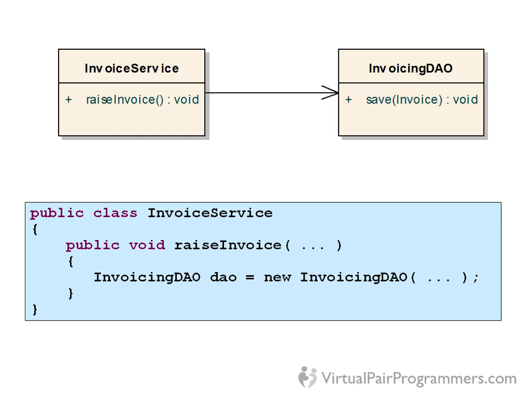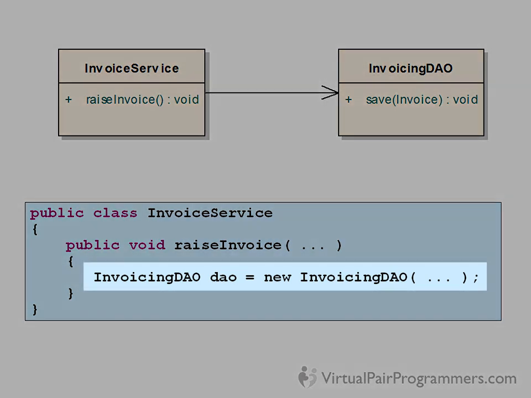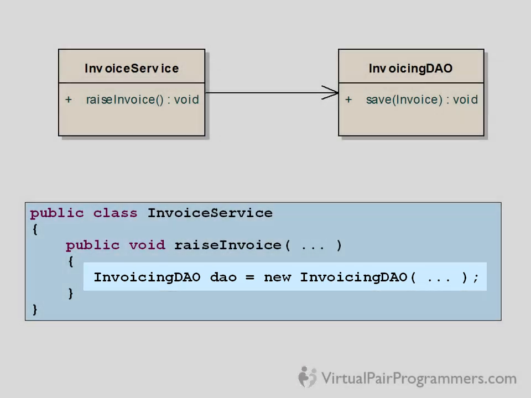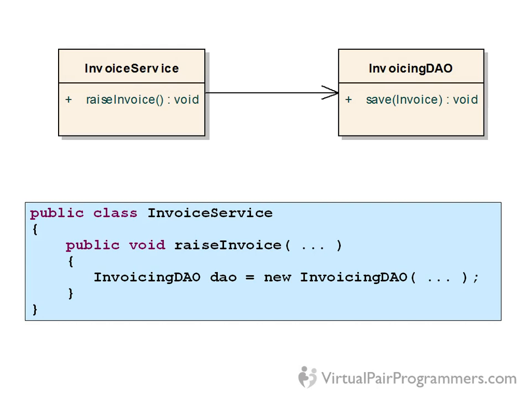Just to remind you, first of all, we might want to change the strategy that this DAO object uses to access the database. Secondly, we might need to test the service class without the DAO being present. But we can't make these changes because we've coupled the two classes together hard. The line of code here, with the new keyword, is almost like we're taking these two classes and fusing them together. We need more flexibility here.